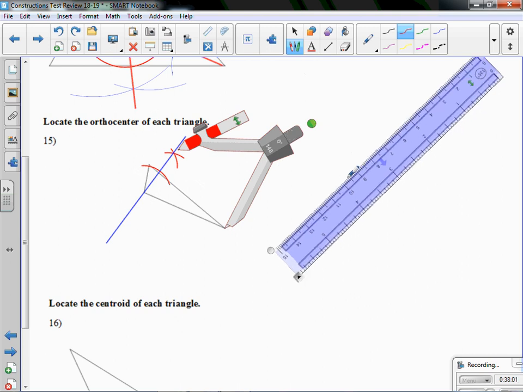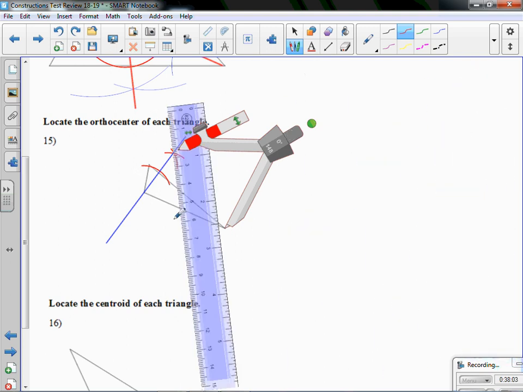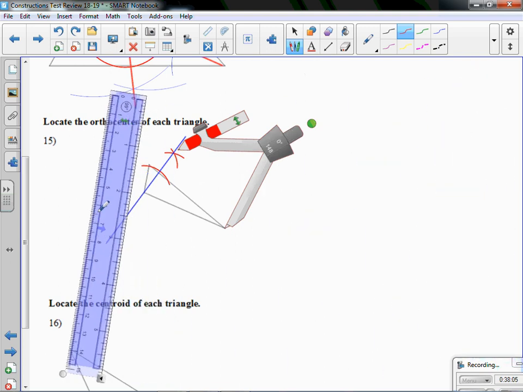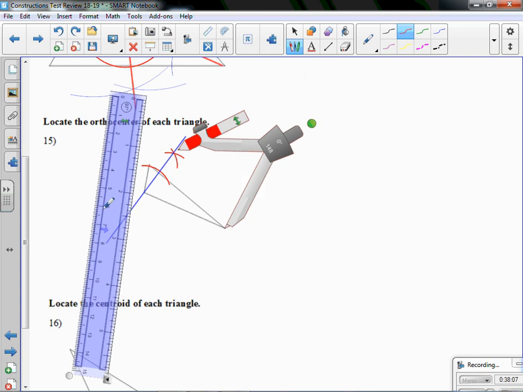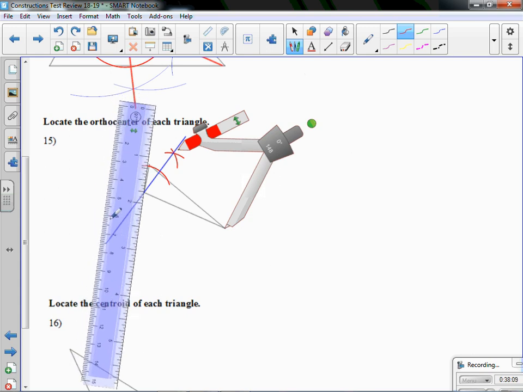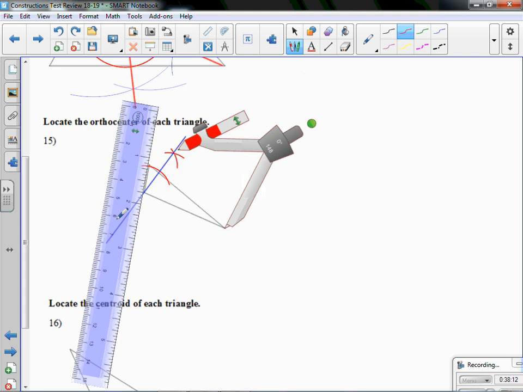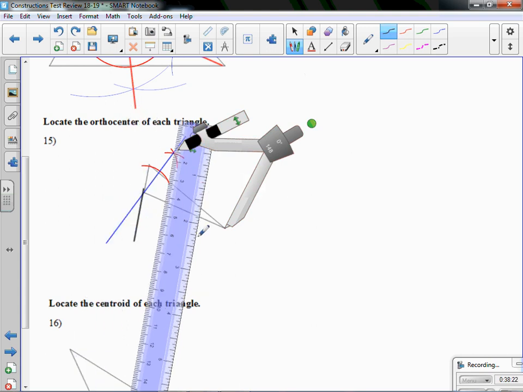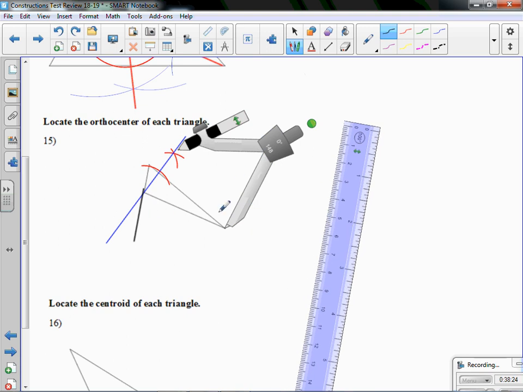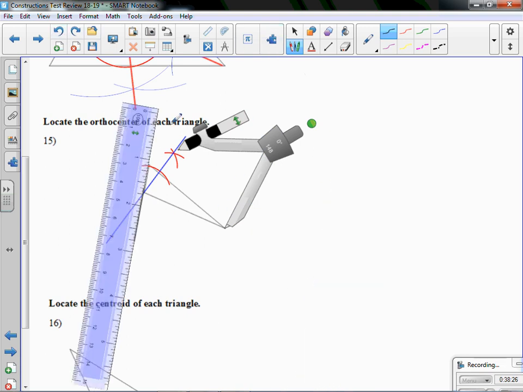So that's when I bring in my straight edge, line it up, I'm going to draw a segment in that will extend that side. That doesn't look very good. Let's try that again.